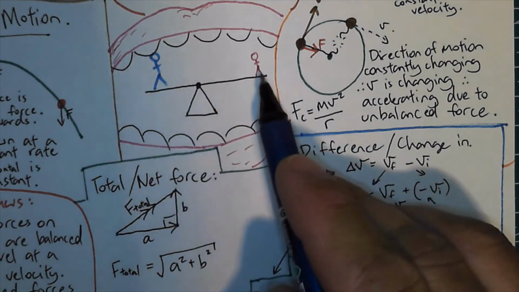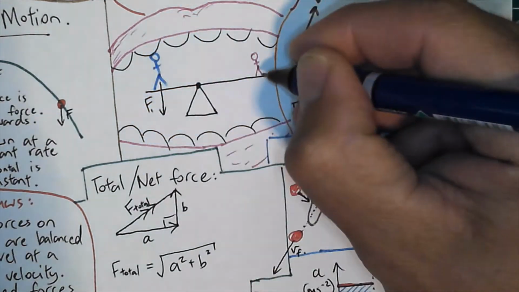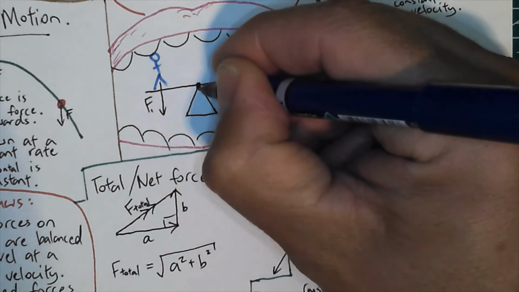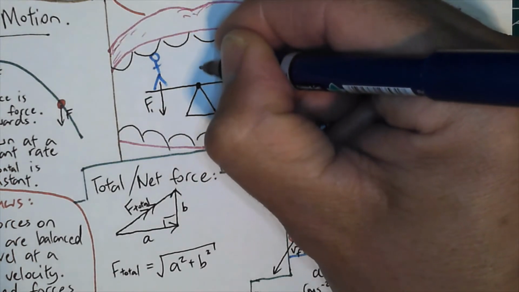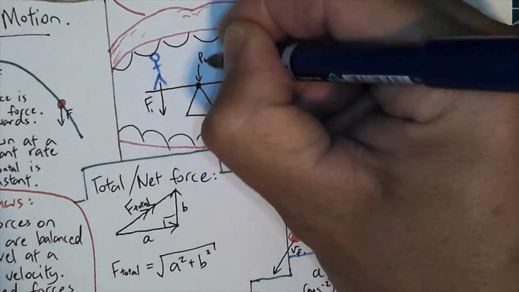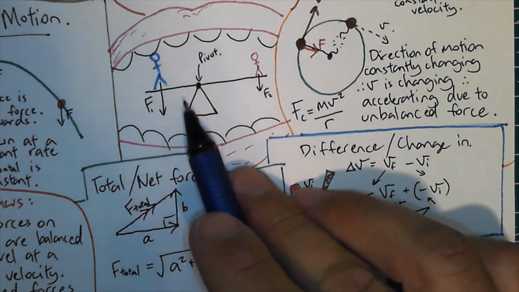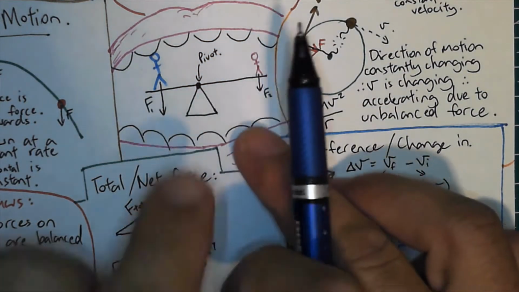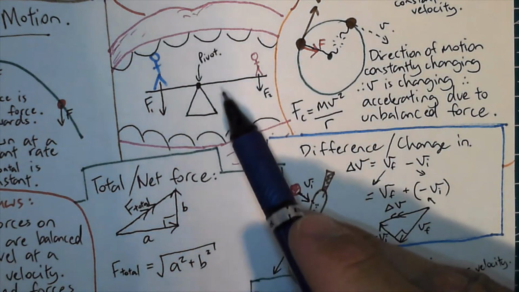If you have forces that are acting at a distance from some sort of pivot point, those forces act to try and rotate the object, in this case a seesaw.